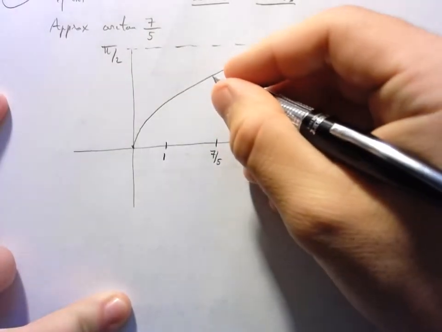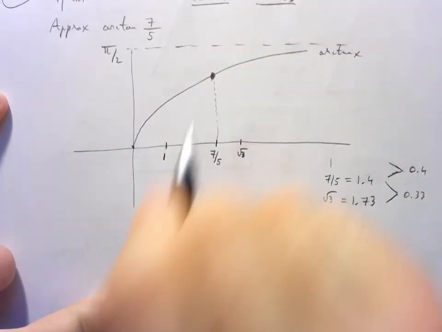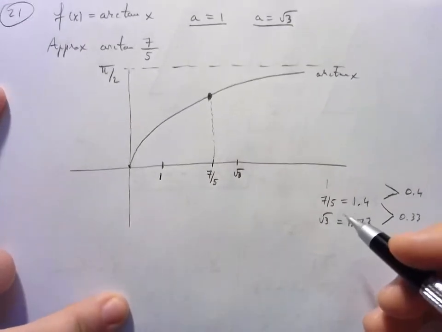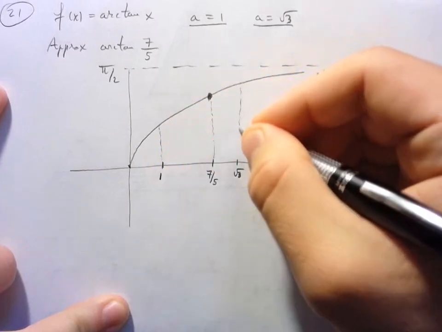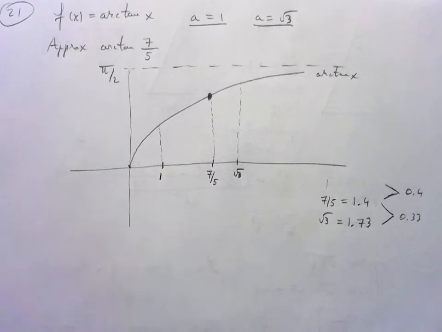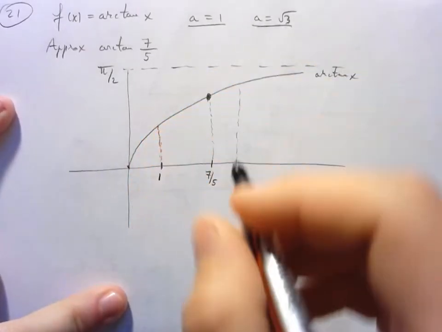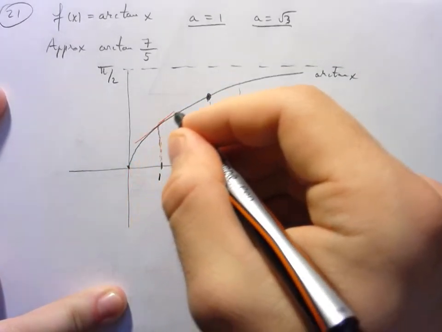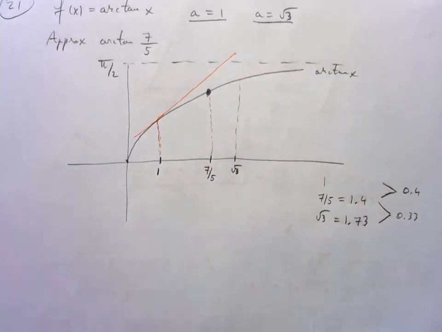So that means the 7/5 lies, and I'm going to exaggerate it in the picture, closer to the root 3. Now remember, we were trying to approximate this value here, right? F of 7/5 using linearizations. And the way linearizations work is I simply take the tangent line equation and I project that, and I get some sort of picture like this.